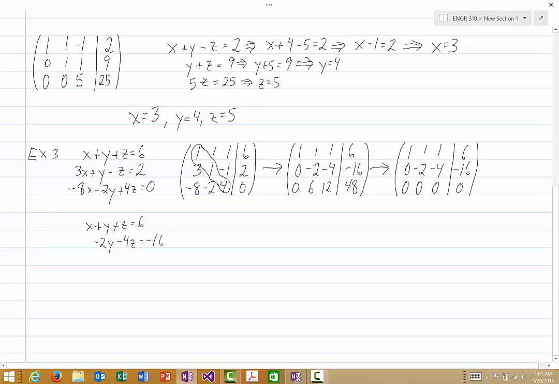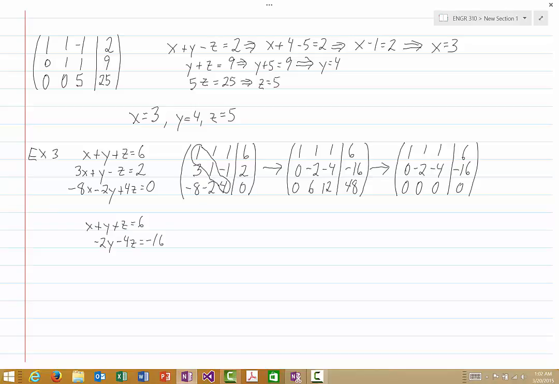But then notice that the third equation is just 0 equals 0, which doesn't tell us anything. So there's no need to write that equation down, but now we see that we have 2 equations and 3 unknowns. We don't have enough information. There are infinitely many solutions to this system of equations.